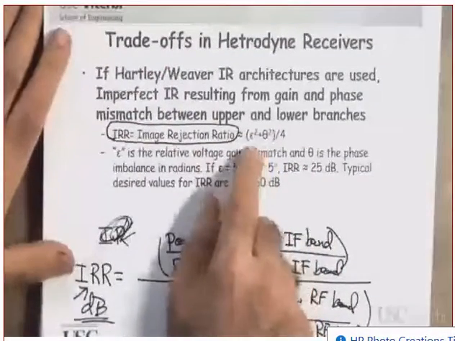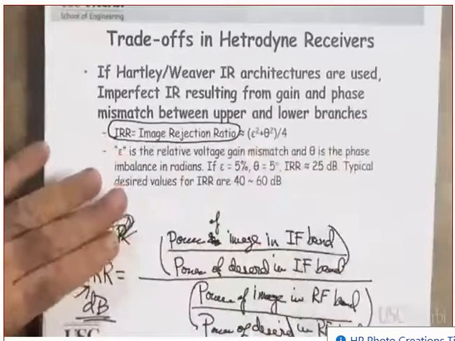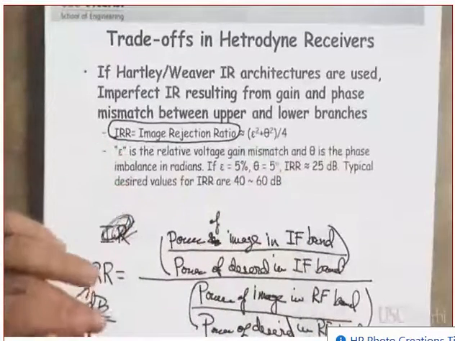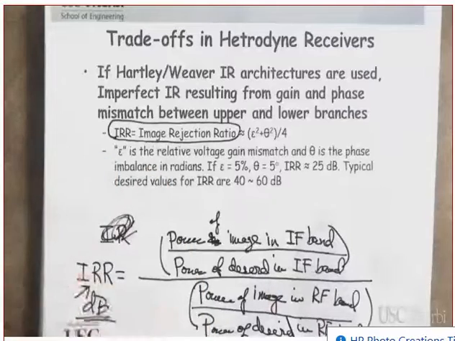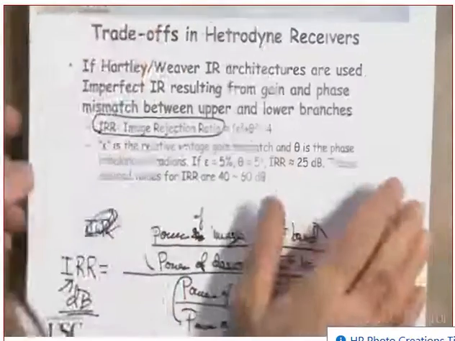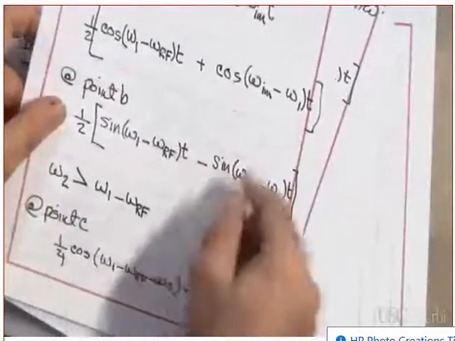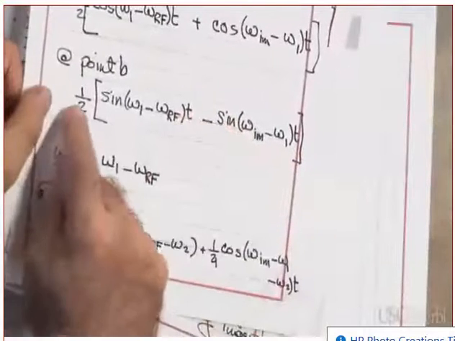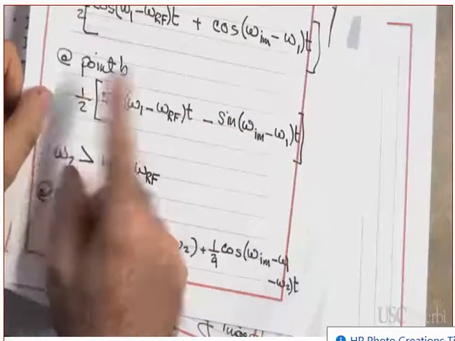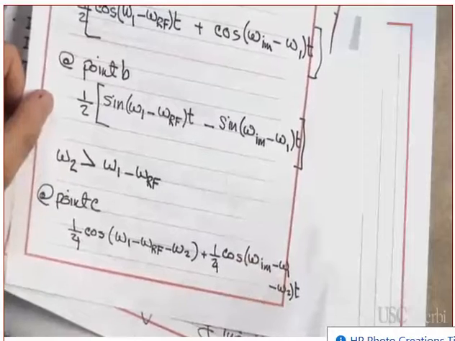Tell me, what is this? What are we talking about here? Epsilon and theta. What are they? You see those IQ? Are they ideal? Is it possible that they are not balanced? Yes or no? If they are not balanced, will these cancel out when we do the trigonometry? Notice, by the way, in this analysis, what did I assume the amplitude is? 1. Is it both of them exactly 1?